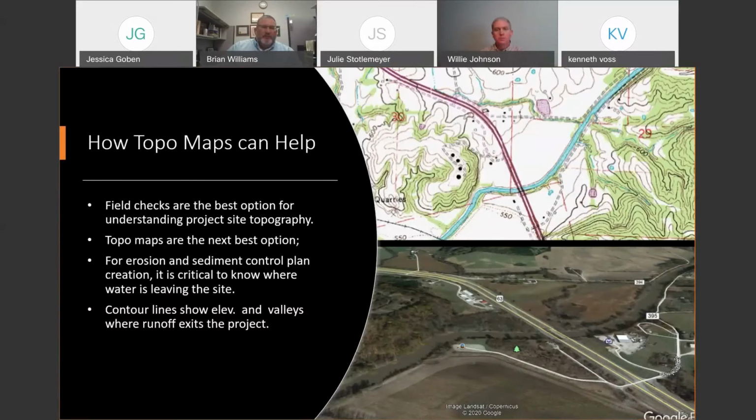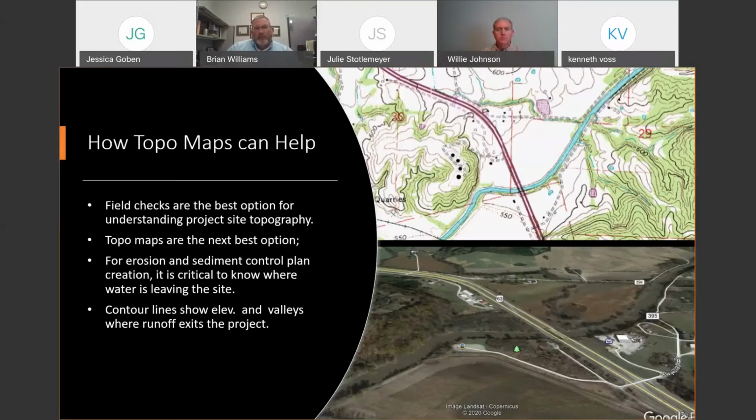And it just seems like the whole field check concept has gone to the wayside with the invention of Google Earth and those types of programs that allow us to see the way the field looks without actually leaving the office.